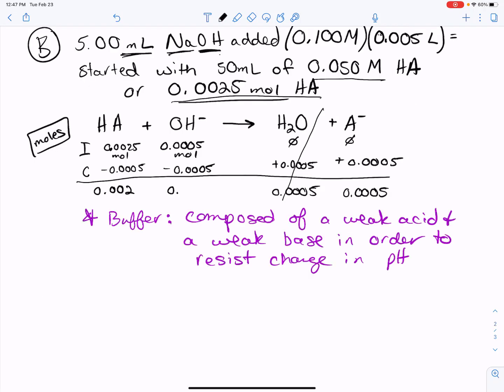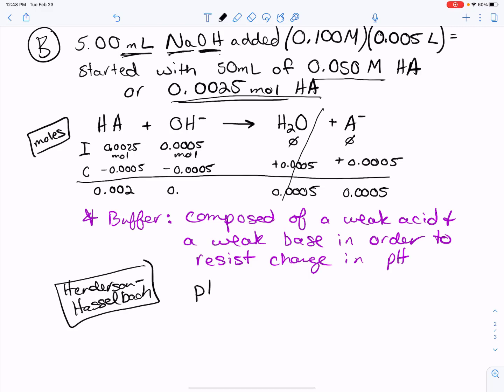So if it's a buffer, we have something called the Henderson-Hasselbalch equation. And the Henderson-Hasselbalch equation states that pH is equal to the pKa plus the log of my base over my acid. And I'm going to use my little conjugate base formula and an HA formula. So we have the base on top and the acid on bottom.